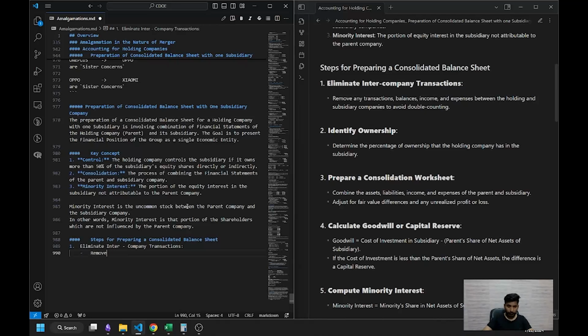Remove any transactions, balances, incomes, and expenses between the holding and the subsidiary companies to avoid double counting.